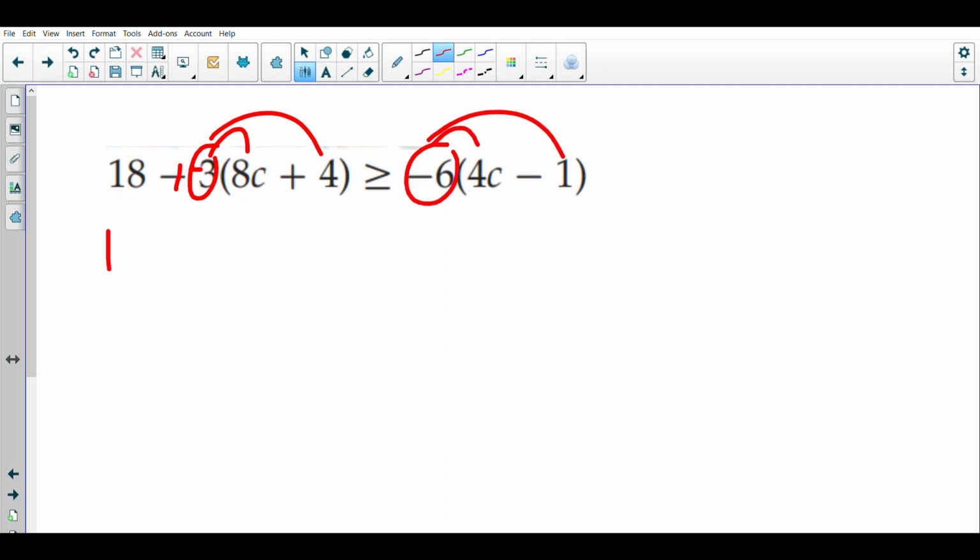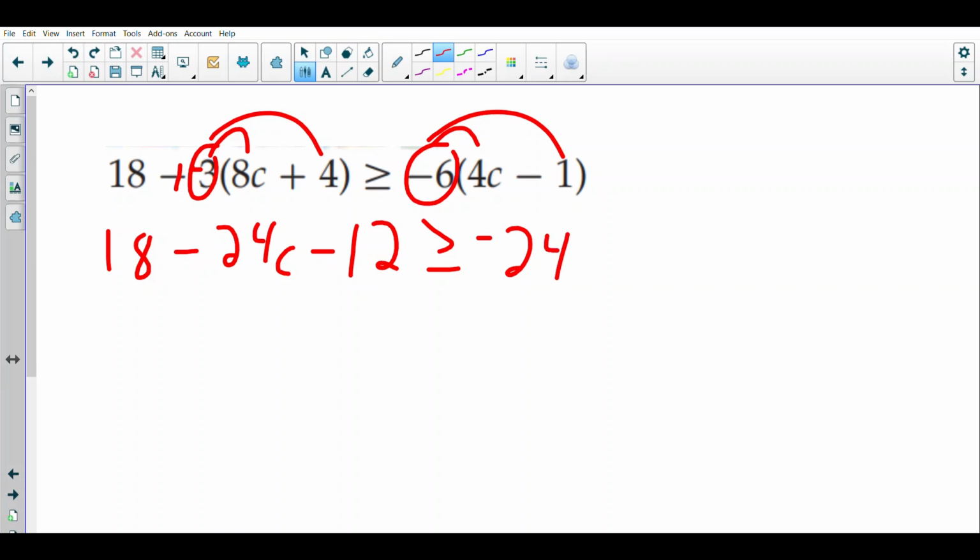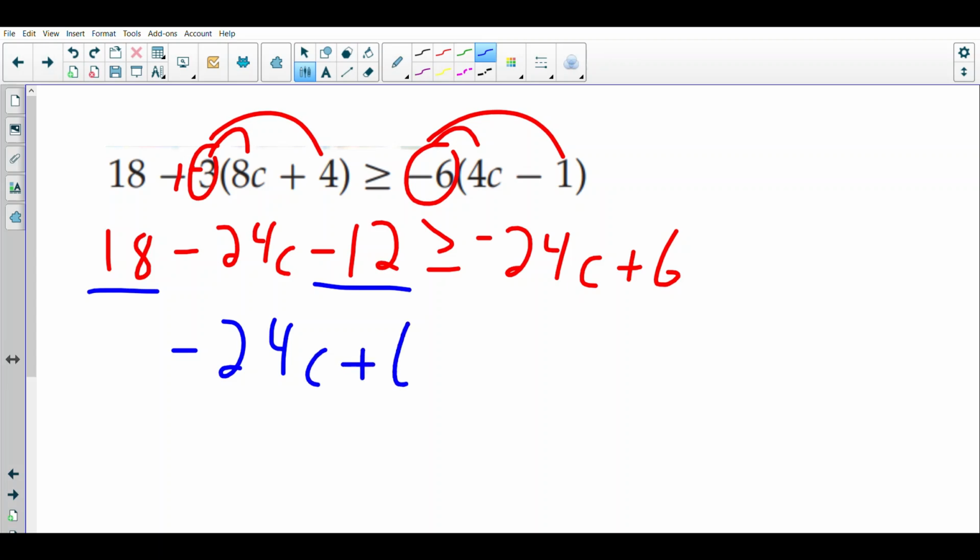So we have 18 minus 24c minus 12 is greater than or equal to negative 24c plus 6. Combine like terms. So we get negative 24c plus 6 is greater than or equal to negative 24c plus 6.